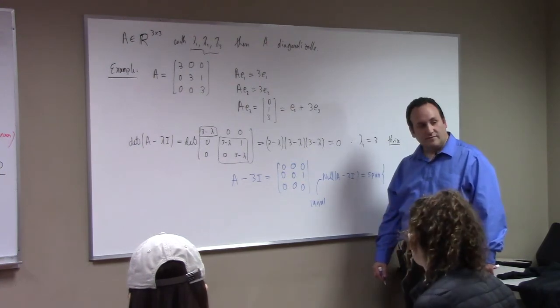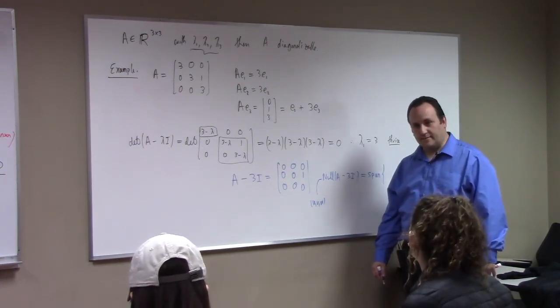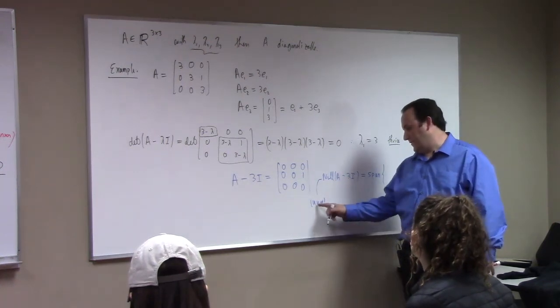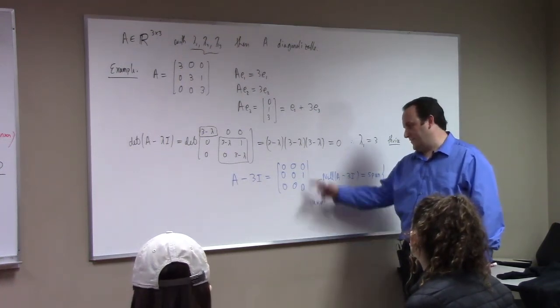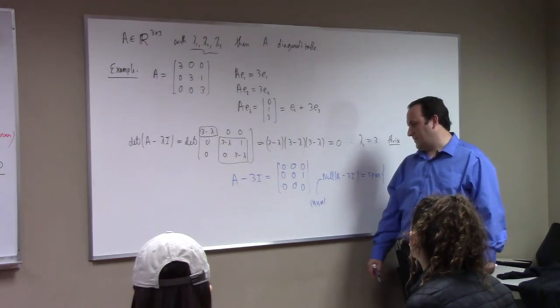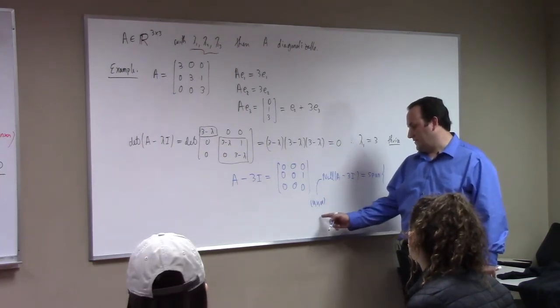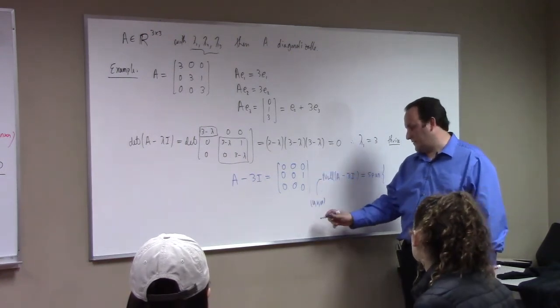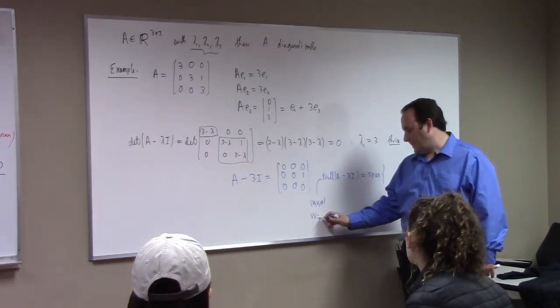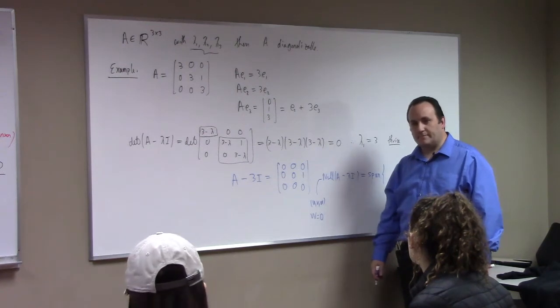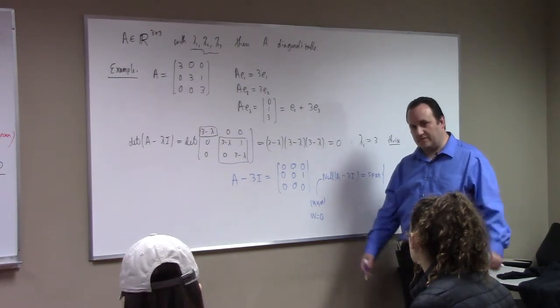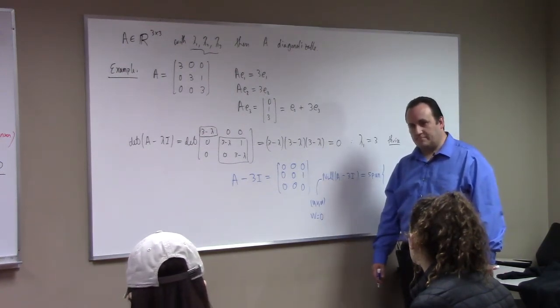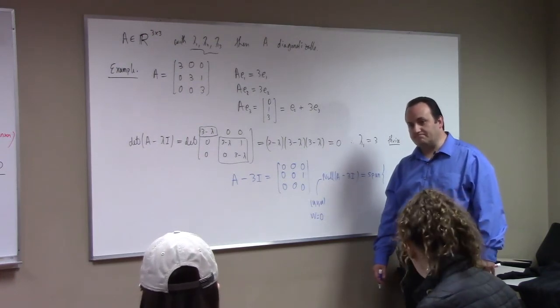What about v? What does this matrix say about the null space? When I multiply this vector by that matrix, the only condition I get is just w equal to 0. There is no condition whatsoever on u and v. u and v are free.